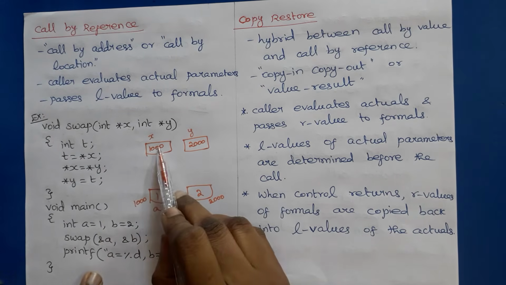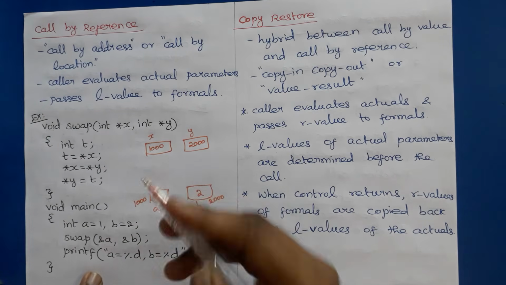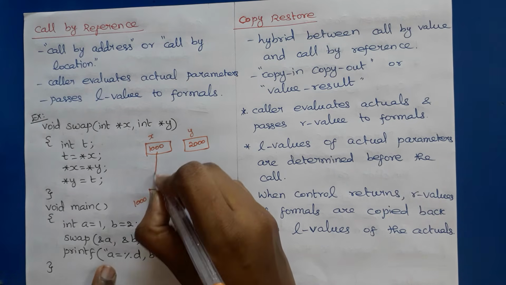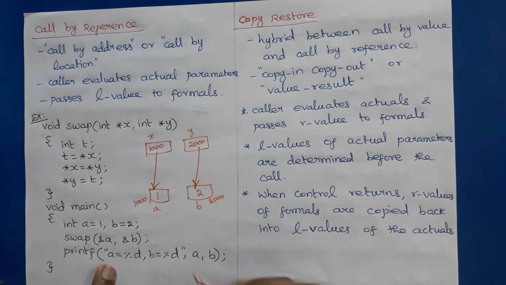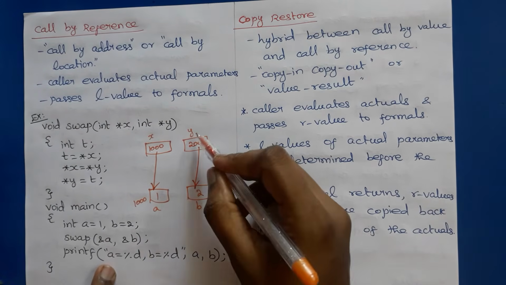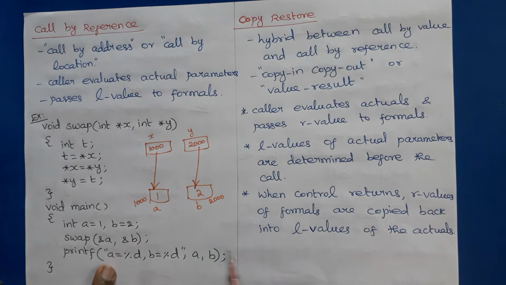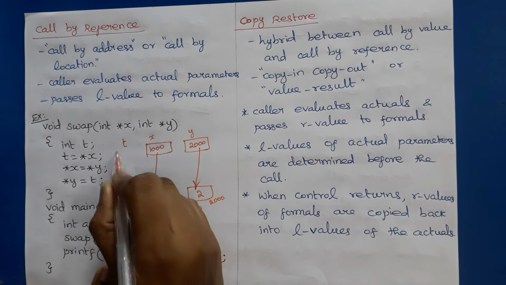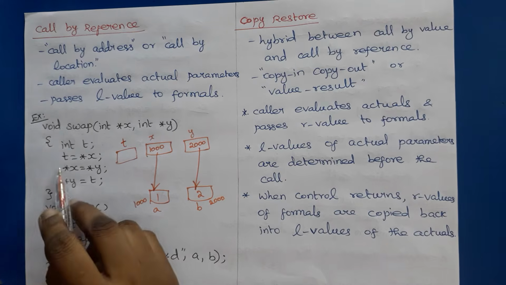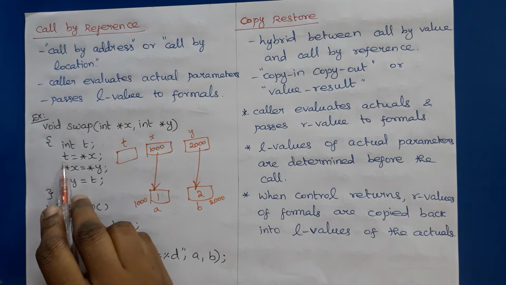The meaning is x is pointing to A, and y points to B. Then here also it declares the integer variable t. Then star x is assigned to t.